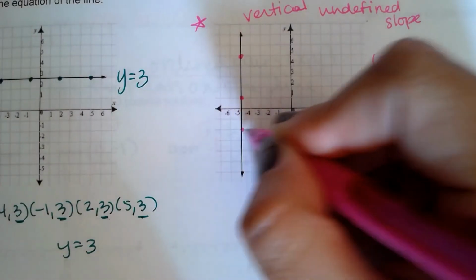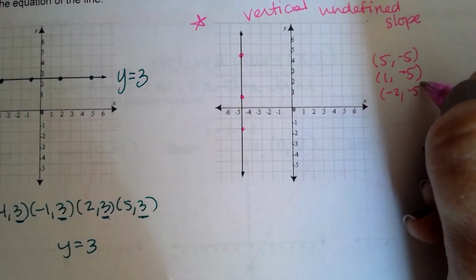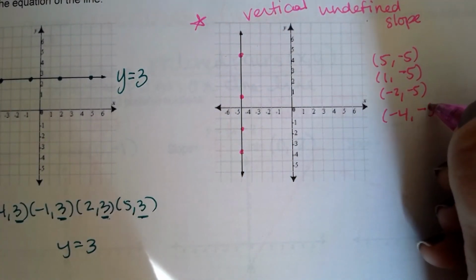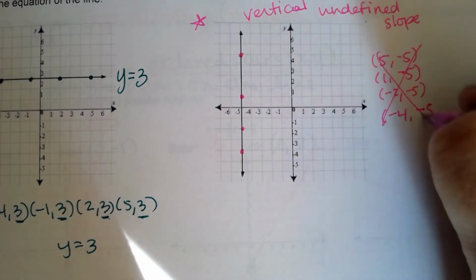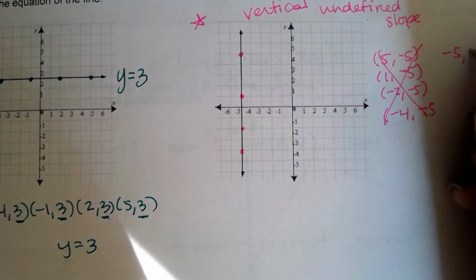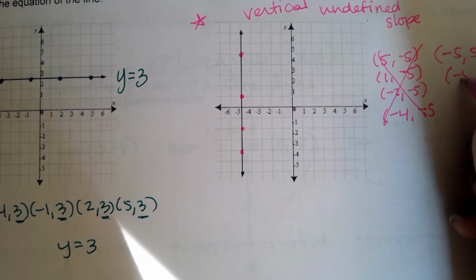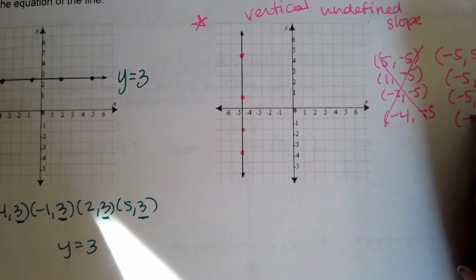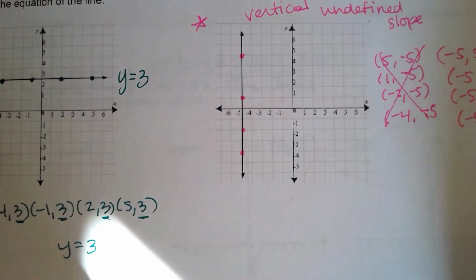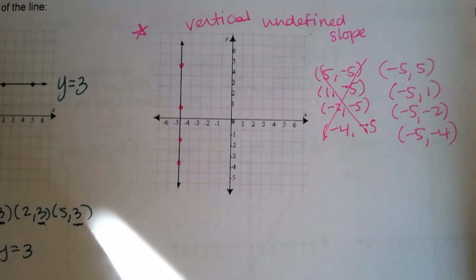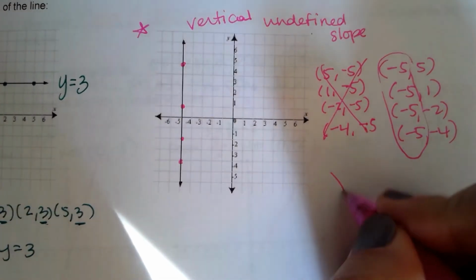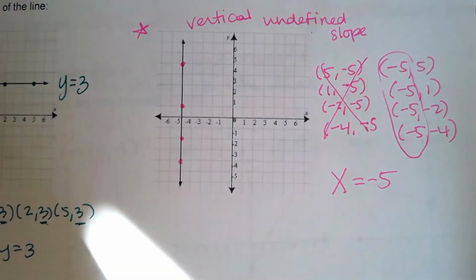This would be negative 2, negative 5, negative 4, negative 5, or oops, I wrote those all wrong. Just kidding. Negative 5, 5, negative 5, 1, negative 5, negative 2, negative 5, negative 4. Okay, so they all have that in common. So the equation for this is x equals negative 5.